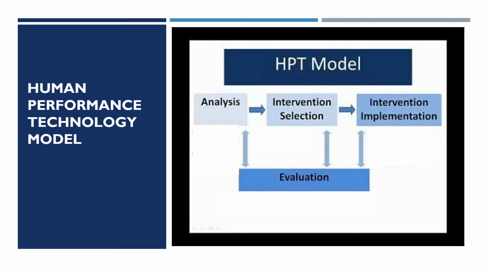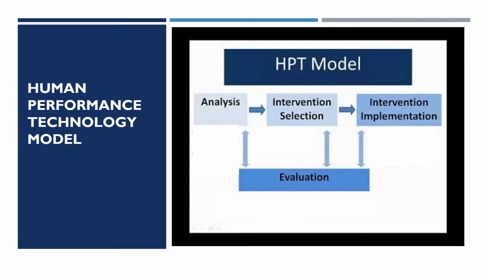Another thing I want to make clear is that instructional design is designed for learning, whilst HPT designs for performance. These are vivid differences between instructional design and human performance technology.